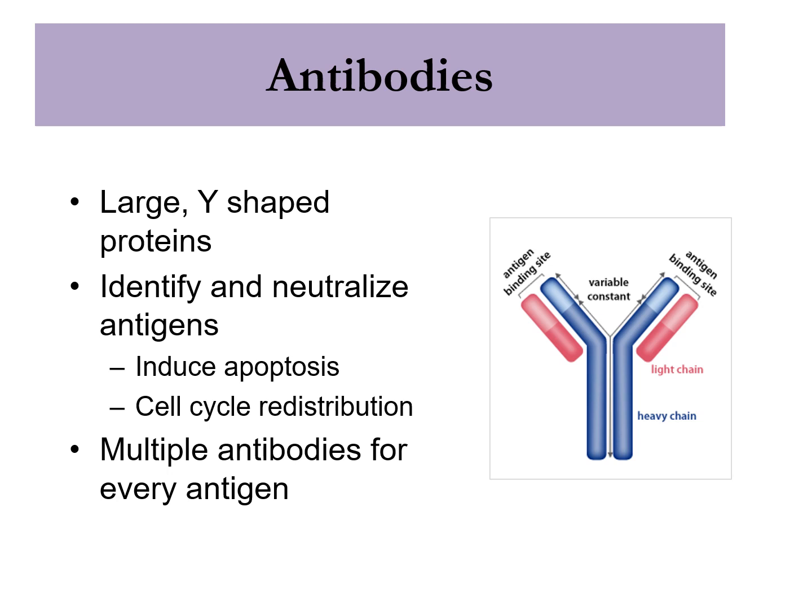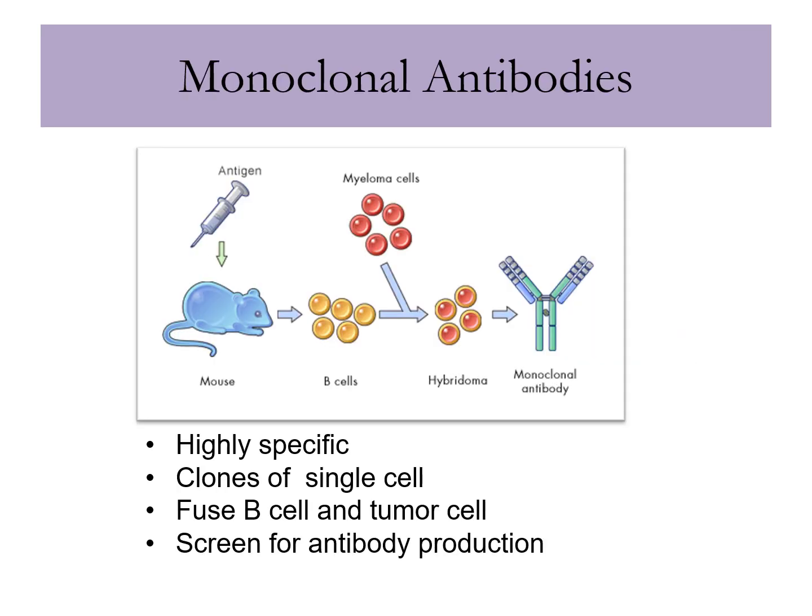It identifies and neutralizes the antigen, which induces apoptosis and then cell cycle redistribution. And there are multiple antibodies for every antigen. So this is how monoclonal antibody has been generated. It's highly specific. It's a clone of a single cell, fused B cell and tumor cell, and then it can be screened for antibody production.